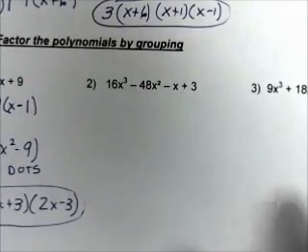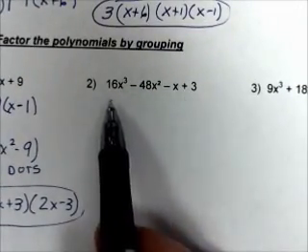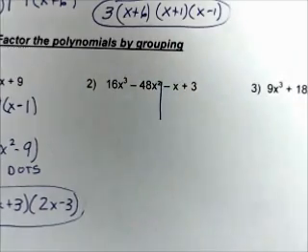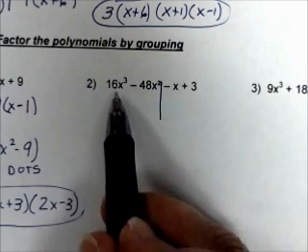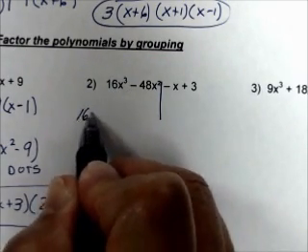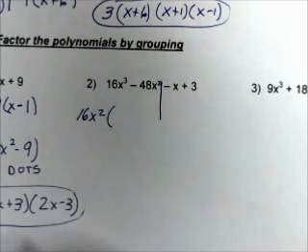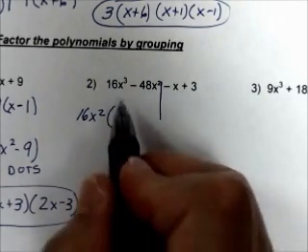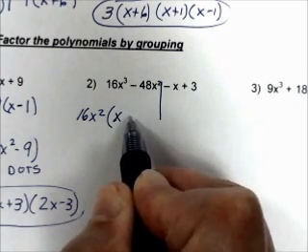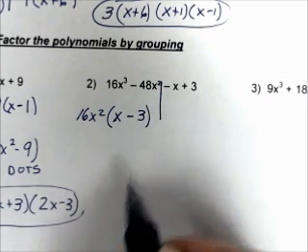Number 2, looking at this, 4 terms, there's no GCF, so group the first 2, greatest common factor of those first 2, 16x squared. Pulling out 16x squared, our binomial is x minus 3.